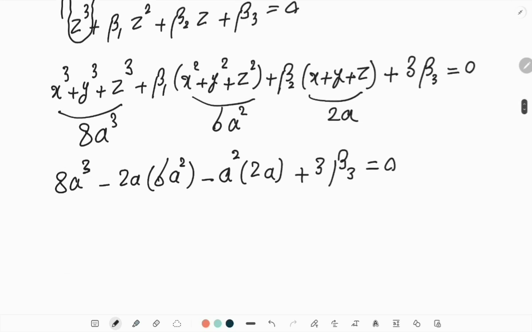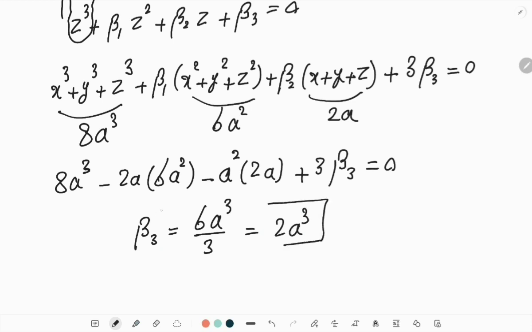So that gives me (8 - 12 - 2 - 6) a^3, which goes to the other side and becomes plus. Then I get beta 3 equal to 6a^3 divided by 3, which is basically 2a^3. This is also beta 3, okay?